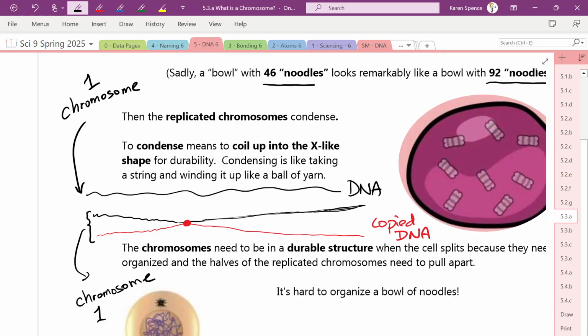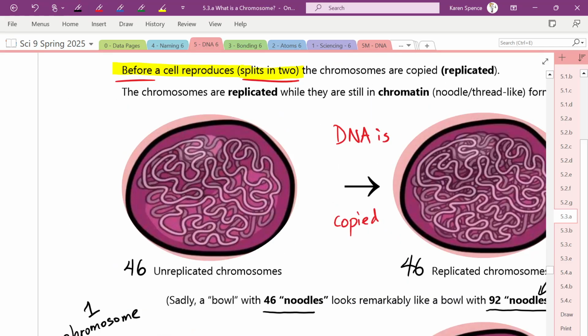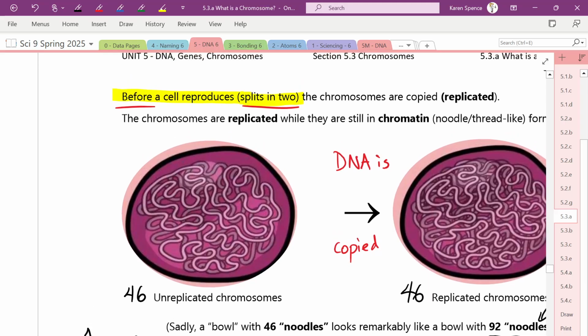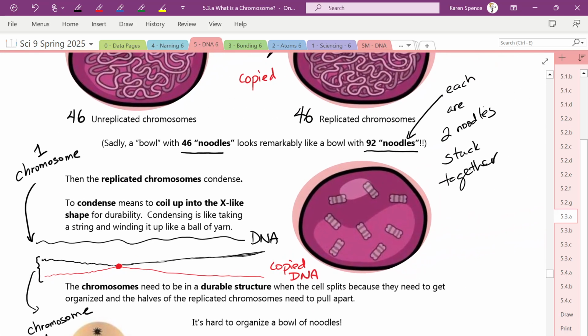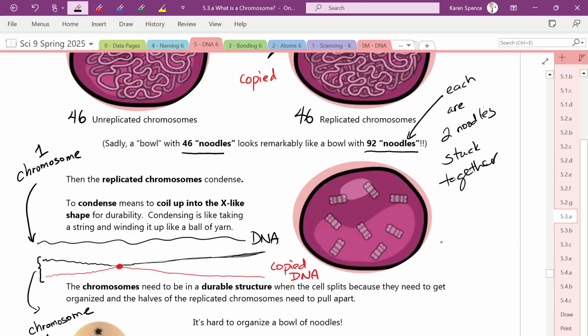What do those chromosomes need to do before the cell splits in two? Before they line up, before they go to the ends, if they are long and thin and noodly, they need to condense. So they condense. That way, you don't have to organize a bowl of noodles, you organize balls of yarn.